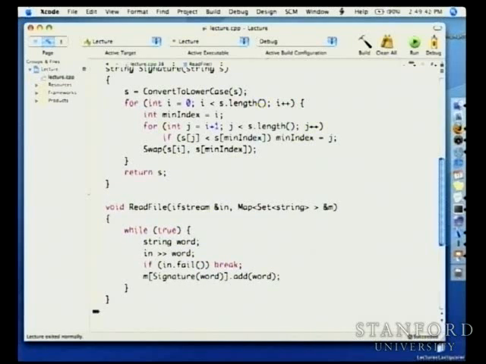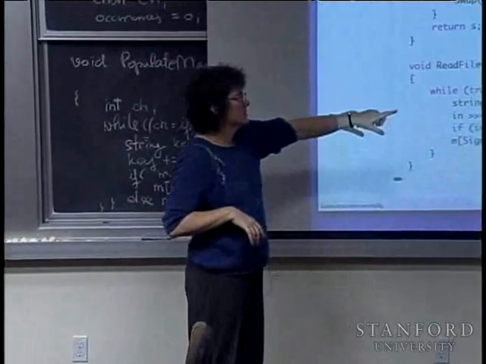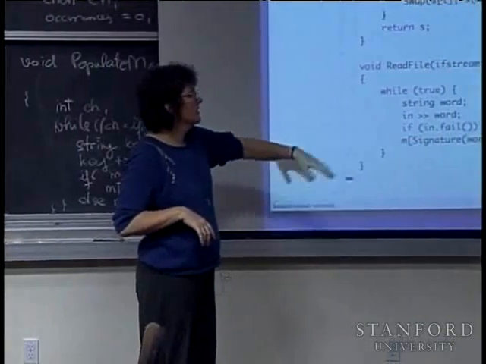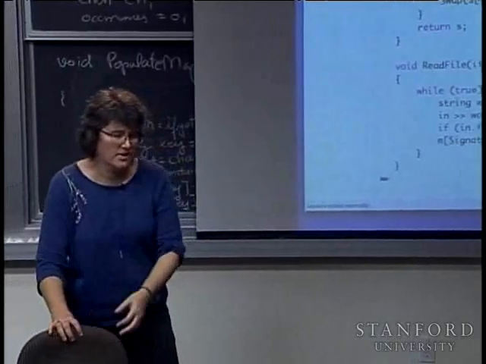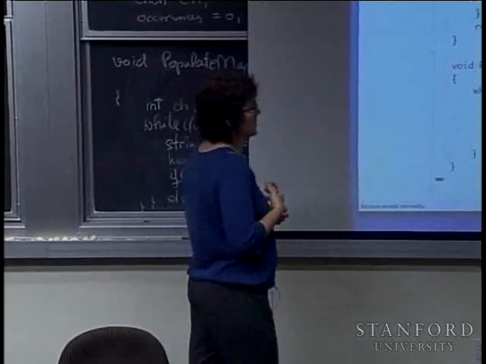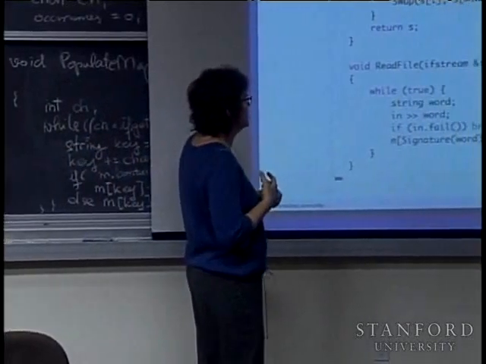Okay, so I've got this map, and what I want to do is under the signature of this word, I want to look up the set of strings that's associated with it and tack this one in. And the add, in this case, with the set, I know that's going to do non-duplication. In fact, the file doesn't contain duplicates, but if it did, I certainly don't want it to record it twice anyway, so I might as well do this.